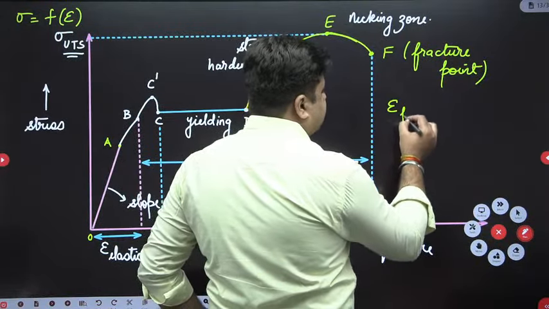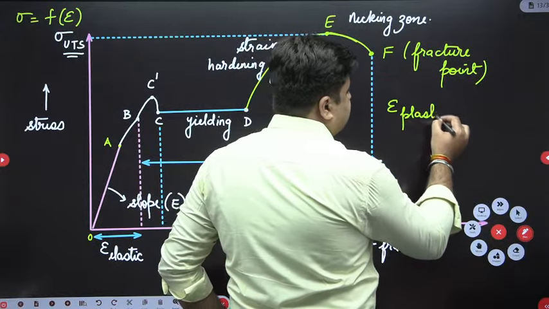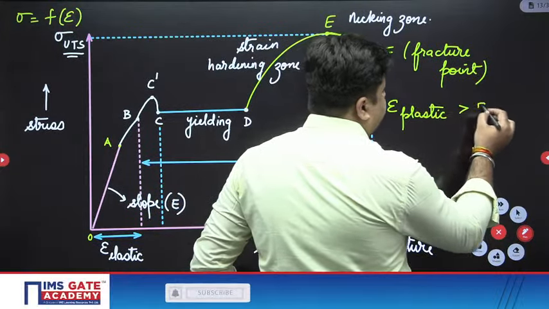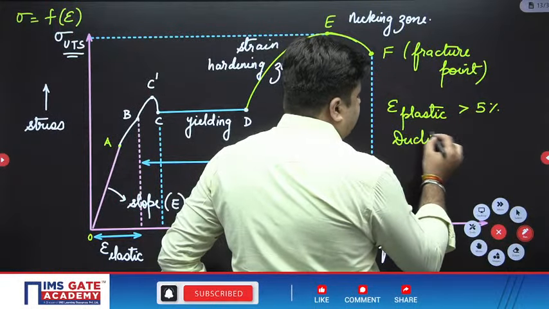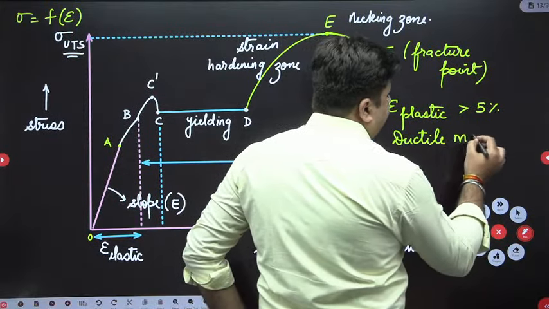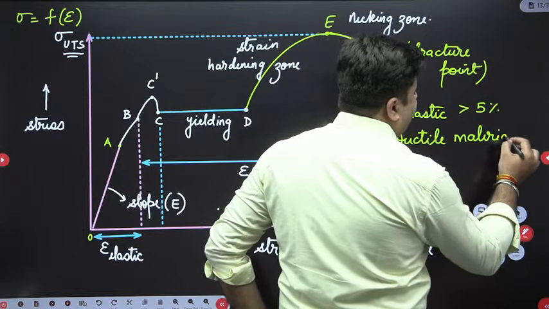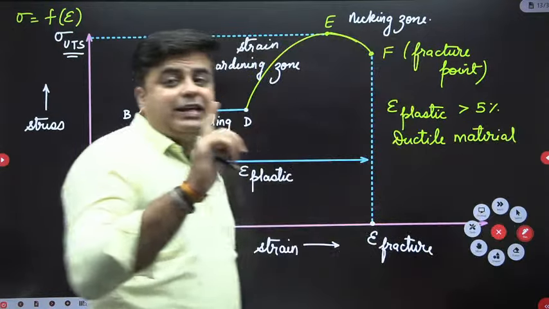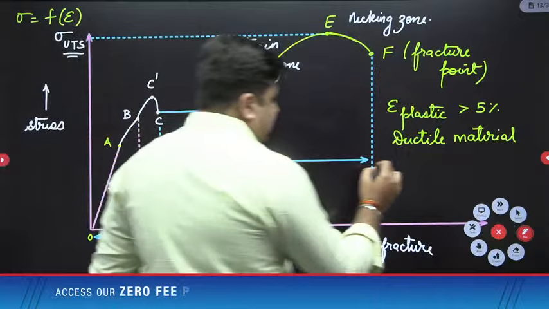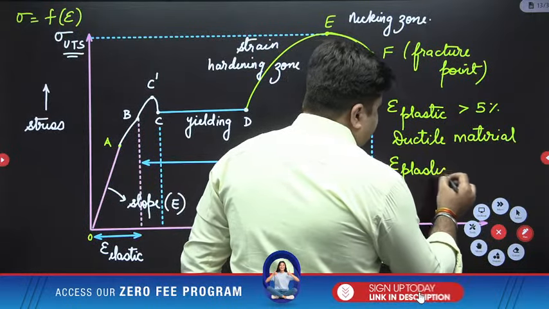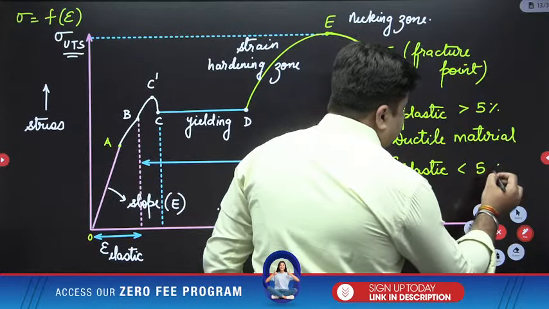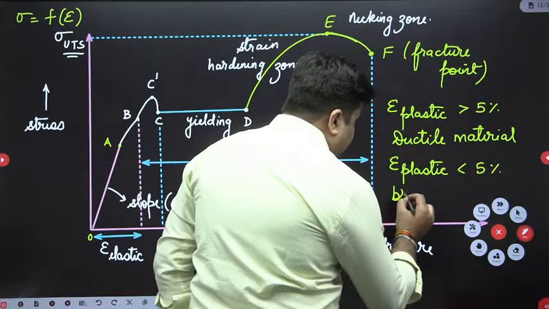If plastic strain is less than 5%, then the material is said to be brittle material.